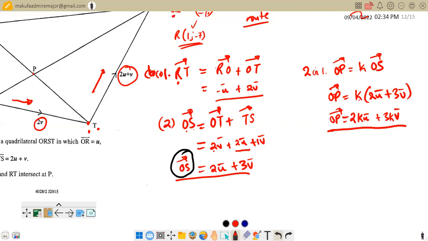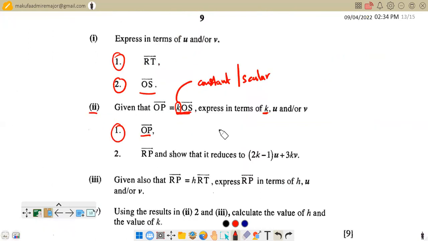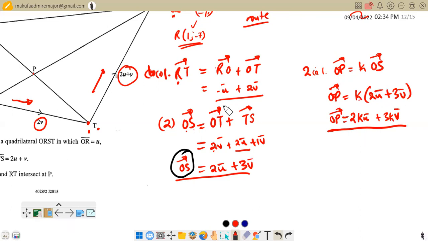All right. Then the second part, item 2 now, RP. Ensure that it reduces to, we are given the answer for RP, vector RP. Okay, so what we need is to combine to find our RP from those vectors that contain K. As we can see, our answer is in terms of K. So where are we going to have our RP?